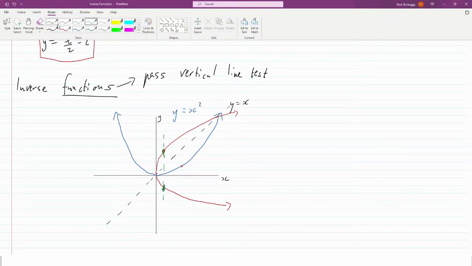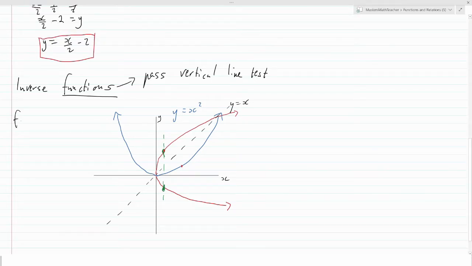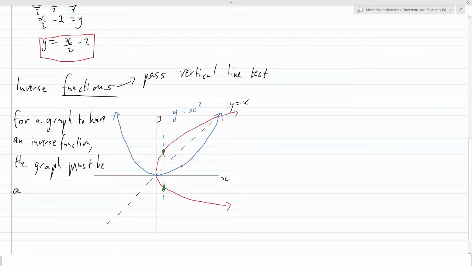So for a graph to have an inverse function, the graph must be 1-to-1. Must be a 1-to-1 function.